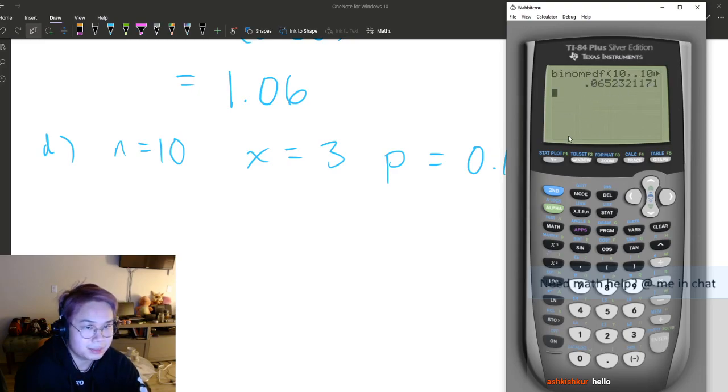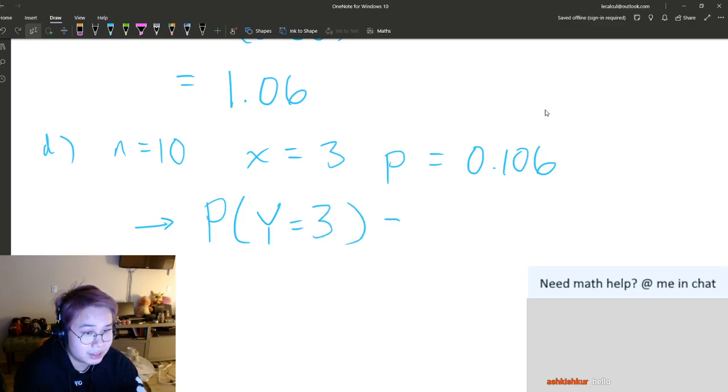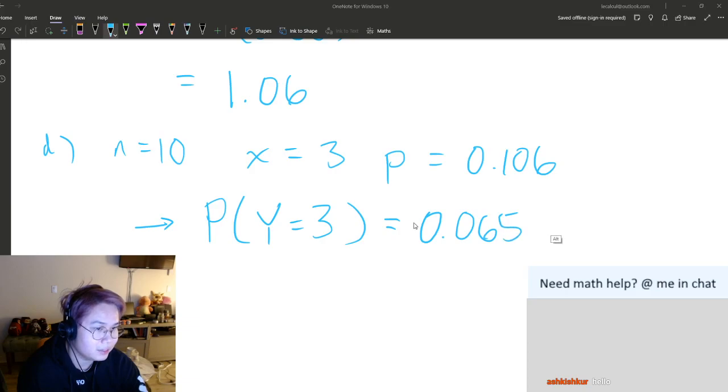And here we go. So that's the probability, 0.0652. So the probability that you have 3 seashells that are greater than 26 millimeters is 0.0652.